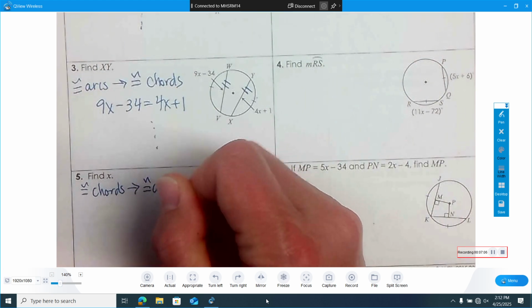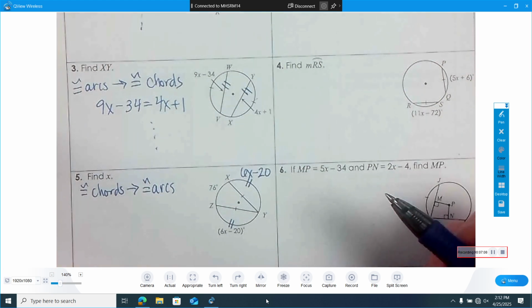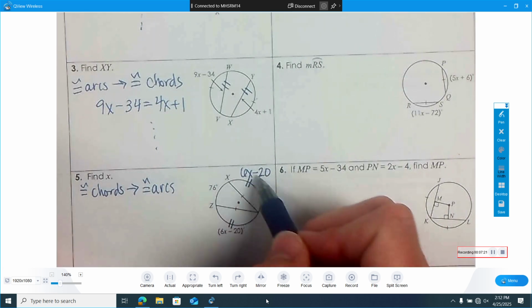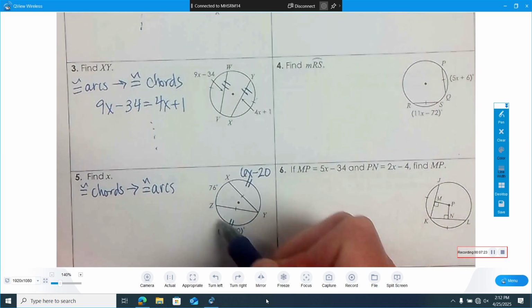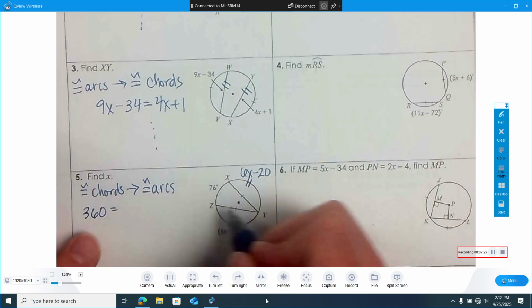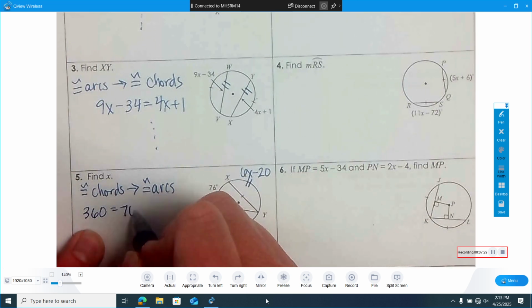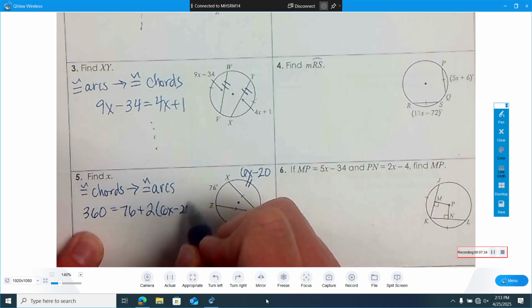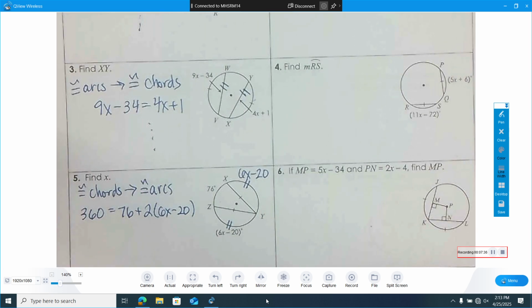So we have congruent arcs, but how do we set this one up? You do 6x minus 20 plus 6x minus 20 plus 76 equals 360. We have the whole entire 360 degrees here, all the arcs added up. So 76 plus, can I do twice 6x minus 20? Because then I don't have to write as much. Yeah? Okay.